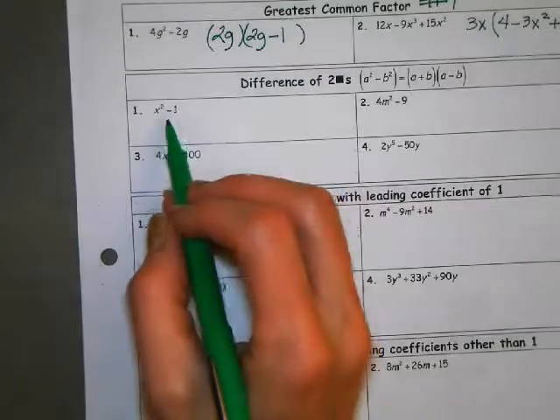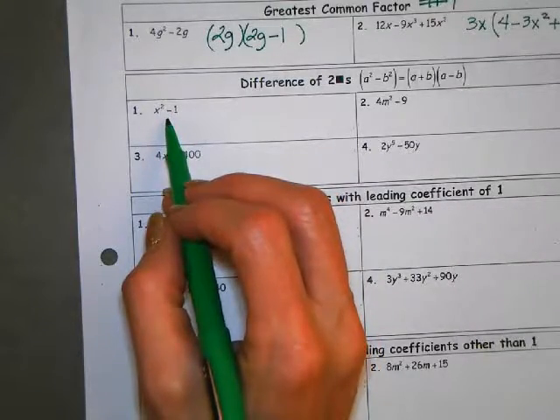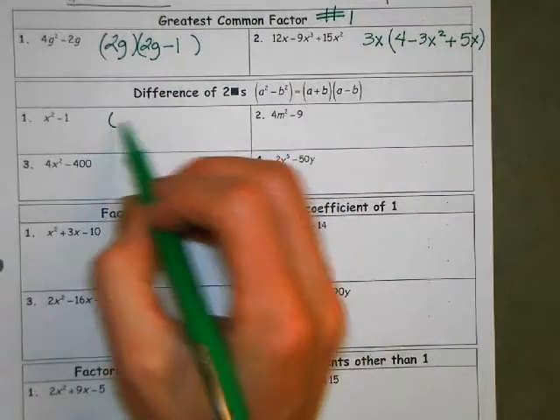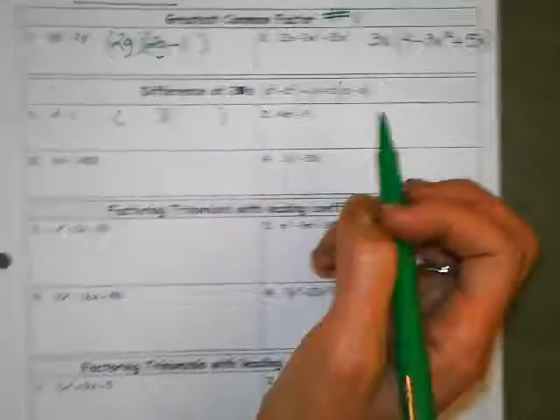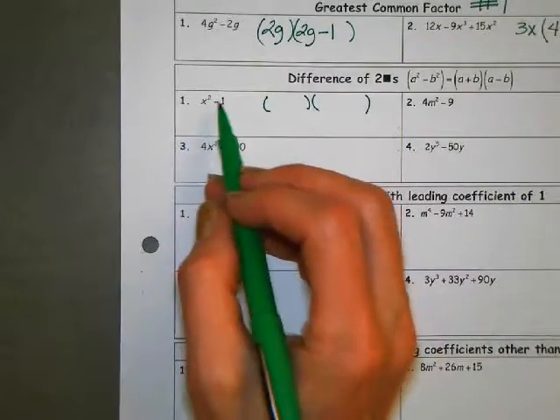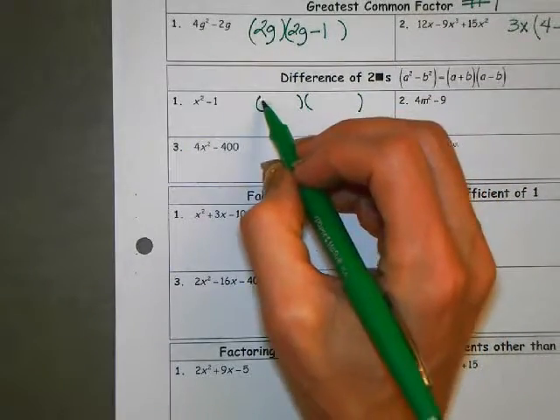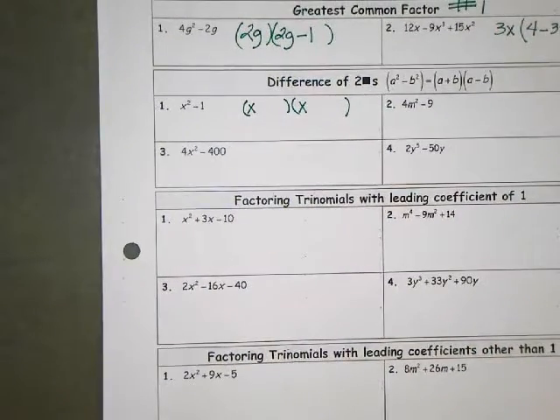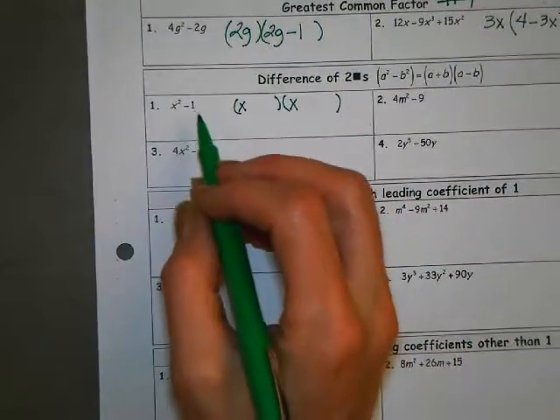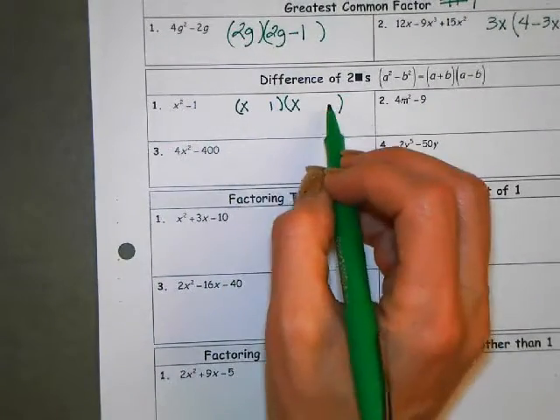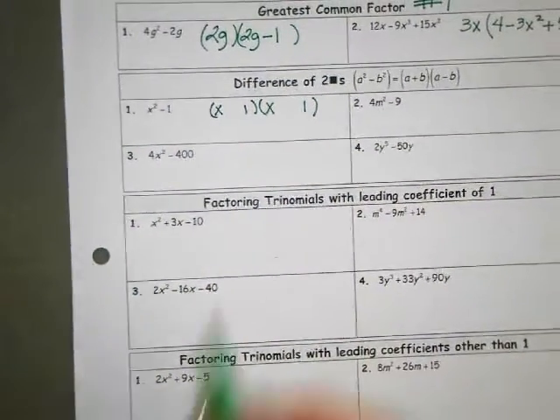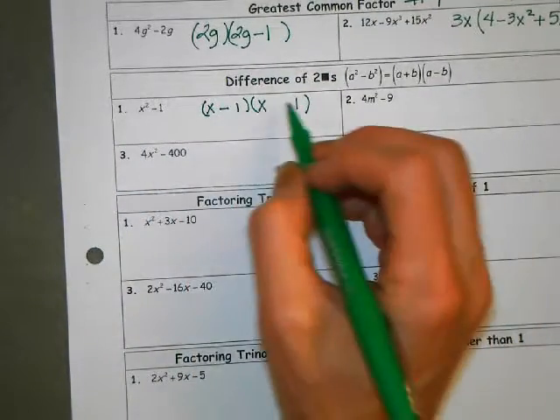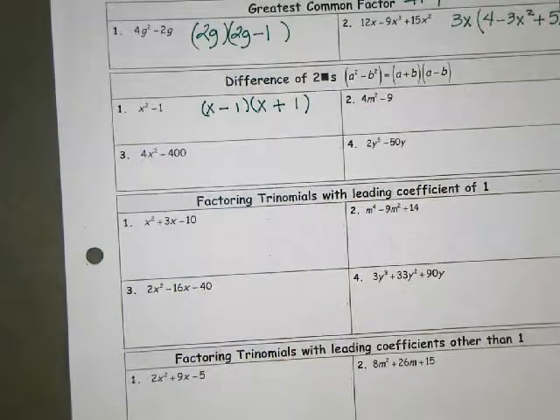So when I have a situation like that and the middle term is a minus sign, I have what's called the difference of the squares, in which my factors are automatically going to be written as the square root of both of those. So the square root of x squared is going to be x, and I'll just put 1 on each side. And then the square root of 1 is just 1, right? Because it's a minus sign here, one of them will be a negative and one of them will be a positive.